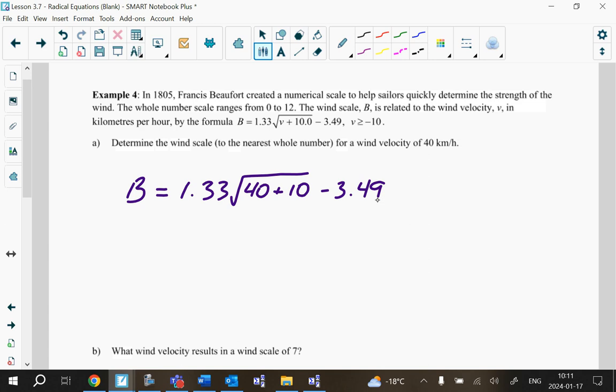Well, the square root of 40 plus 10 is equal to the square root of 50. Now you can use your calculator by doing 1.33 times the square root of 50 and then subtract 3.49, and round that to the nearest whole number.